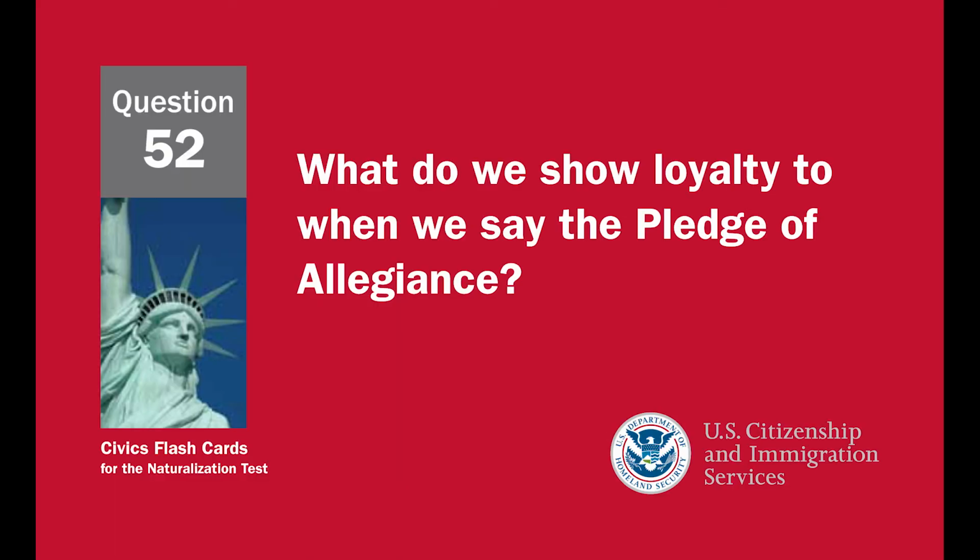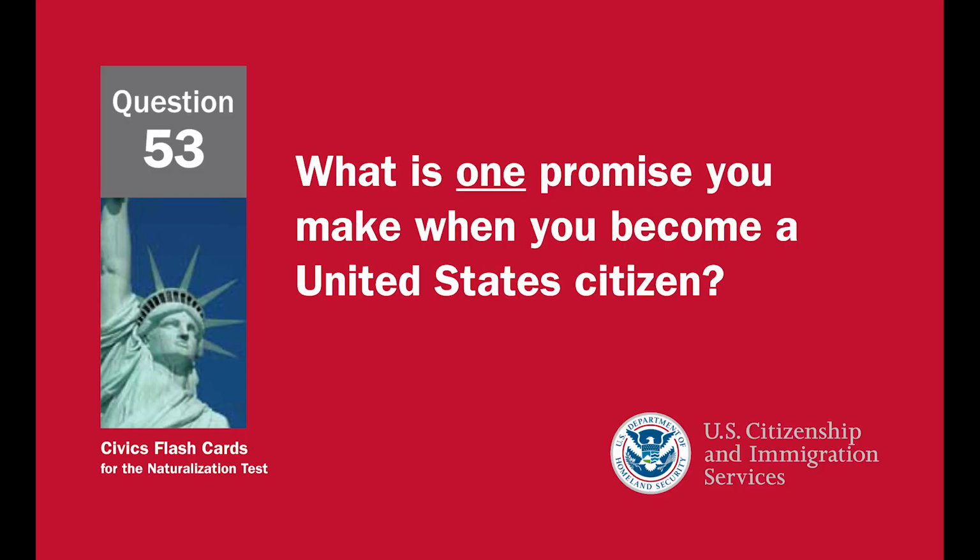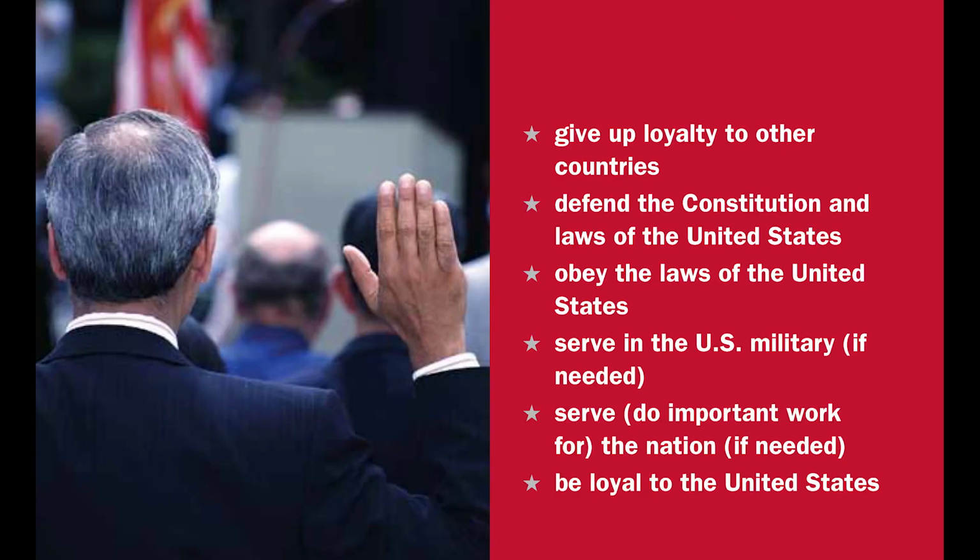What do we show loyalty to when we say the Pledge of Allegiance? The United States. The flag. What is one promise you make when you become a United States citizen? Give up loyalty to other countries. Defend the Constitution and laws of the United States.